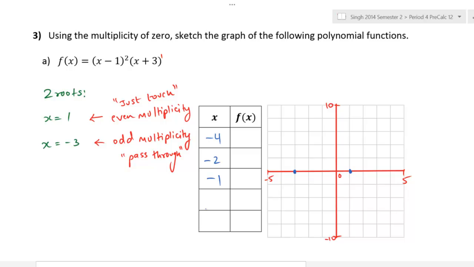I also know that my y-intercept I can figure out when x is 0, so I'll try x equals 0 to get the y-intercept. And I'll pick 1 point to the right of x equals 1 to get the end behavior on that side, so I'll pick, say, +2. I'll plug those points in and I'll get some other values to test. I'll let you go ahead and do that, pause the video, fill those in, and then compare your answer.